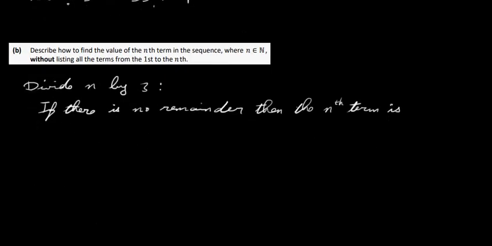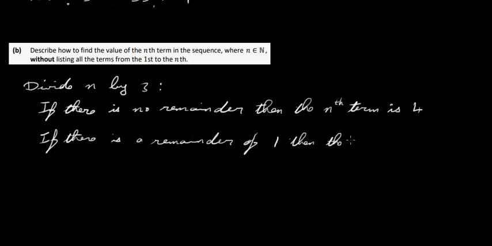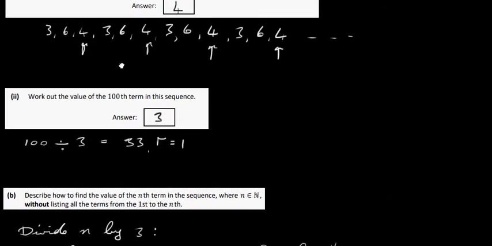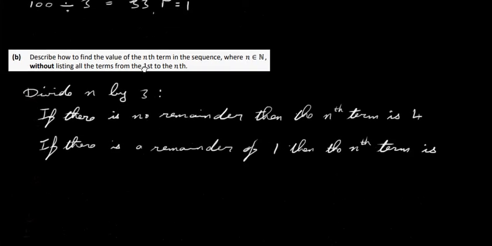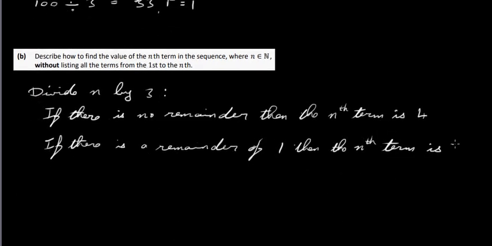Then the nth term is 4, or the third term. If there is a remainder of 1, then we need to go back to the start again. So if we come back here, with a remainder of 1 we go back to this number here again, so it's going to be 3. Then the nth term is 3.